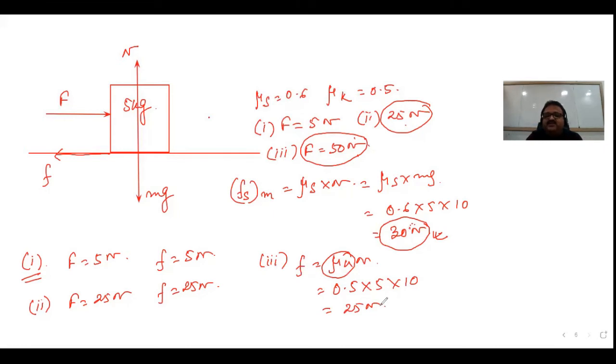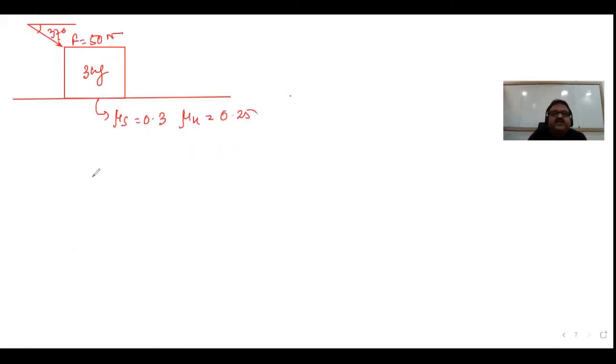Okay. Look at this, students. A problem is given like this. A force of 50 Newton is acting on a block, making an angle of 37 degrees with the horizontal. Mu s between the block and the surface is given 0.3, and mu k is given. You need to calculate the acceleration. So before calculating, we have to check what kind of force of friction will act, correct?